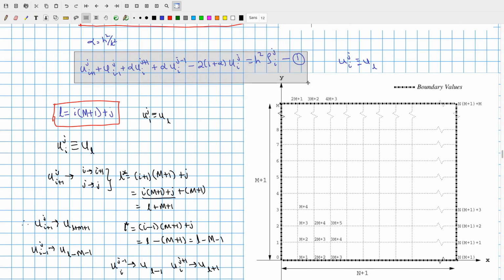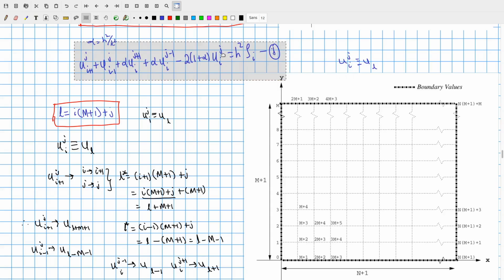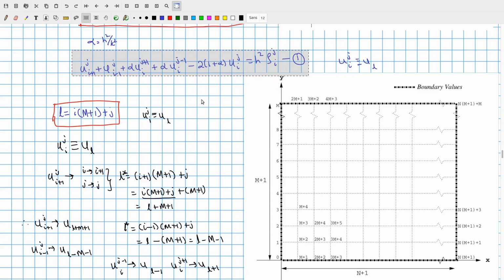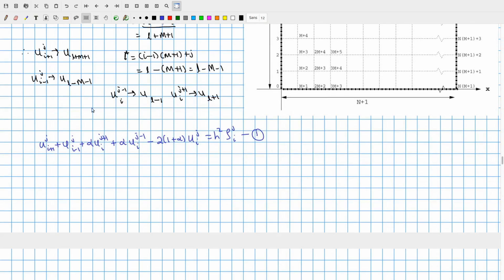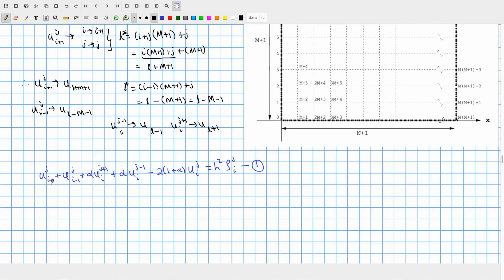So this equation is going to become u of L plus m plus 1, plus u of L minus m minus 1, plus alpha times u of L plus 1, plus alpha times u of L minus 1, minus 2 times (1 plus alpha) times u of L, divided by h squared.